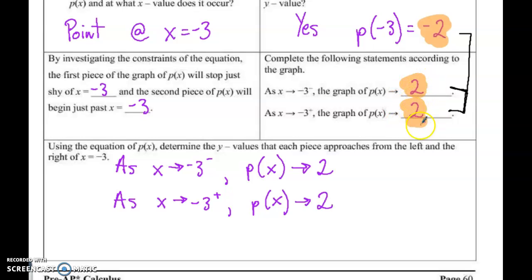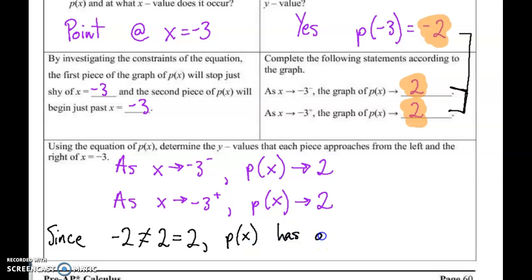If these two values are the same, since -2 does not equal the 2, but the other 2 equals the other 2, P of x has a point discontinuity, or a hole, at x equals -3. So I'm going to stop the video here. I knew this was going to be a long one. Soak it in, pause, rewatch it, and then we can finish the notes.